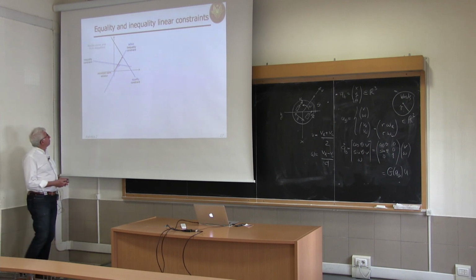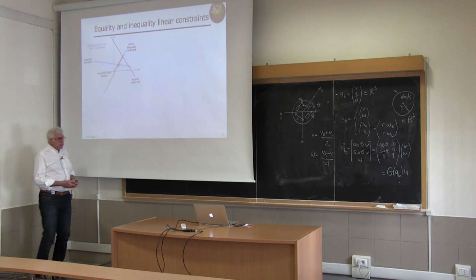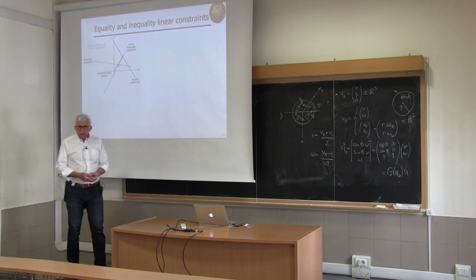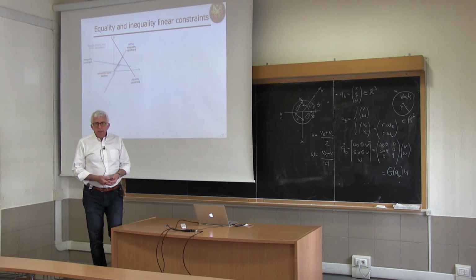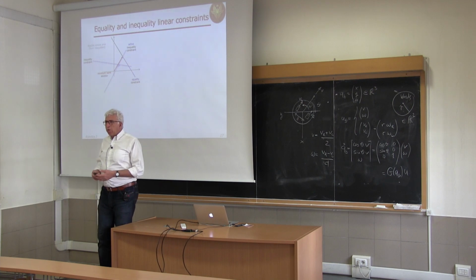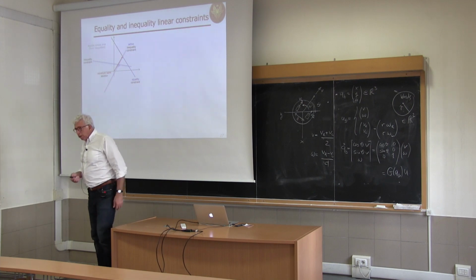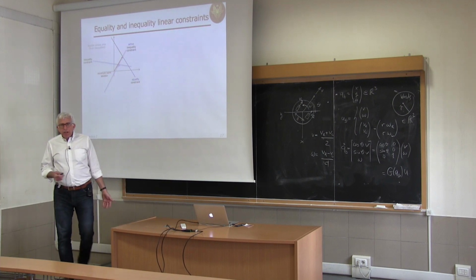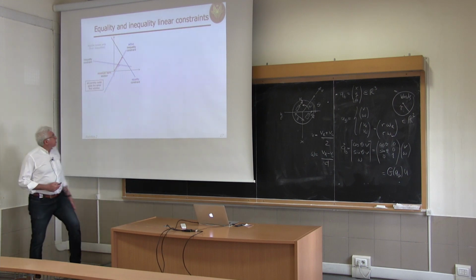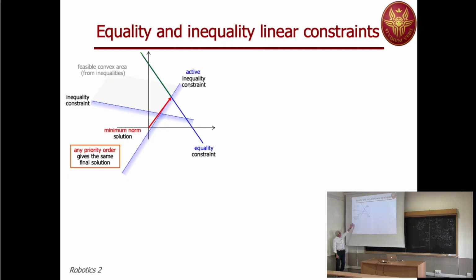And if we now decide to introduce priority among these three constraints, the two inequalities and the equality, there will be no change no matter which constraint we are considering. So any priority order will give the same final solution. Why? Because there are feasible solutions to all constraints.